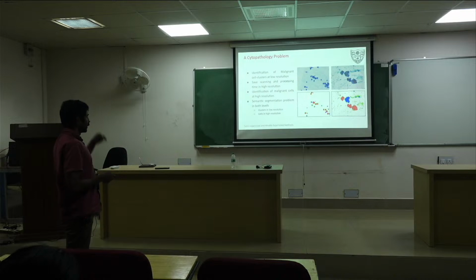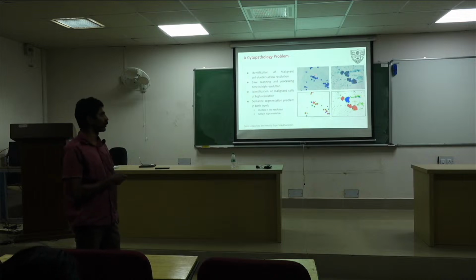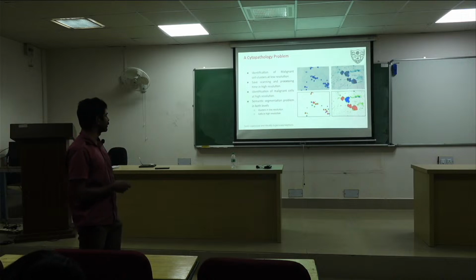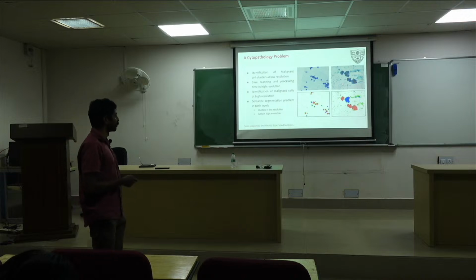We can still do it at this resolution: you can have these images, label them, and train the neural network. But at low resolution it was almost impossible to do this kind of labeling, and it was taking a lot of time. Well, even this took a lot of time, but this was almost next to impossible.